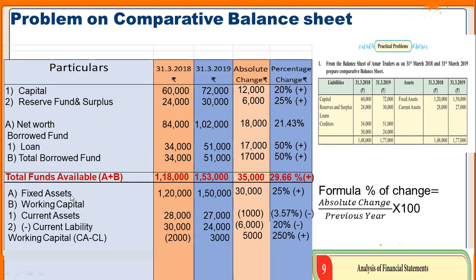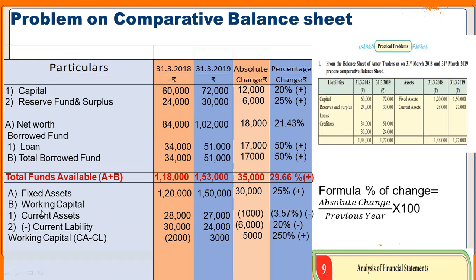See the funds applied. The asset side, that is fixed assets 1,20,000 and 1,50,000. The difference, absolute change, is 30,000 and percent change is 25%.